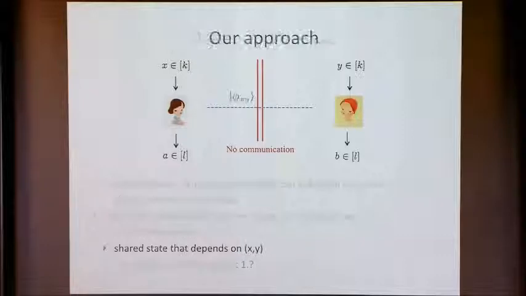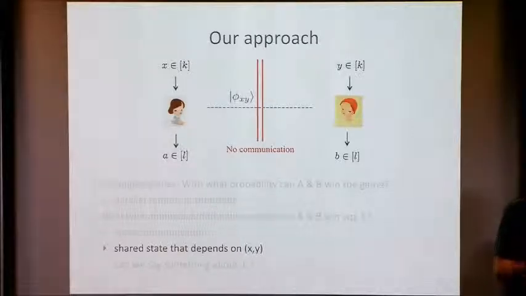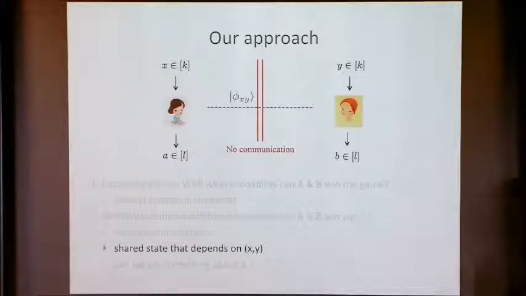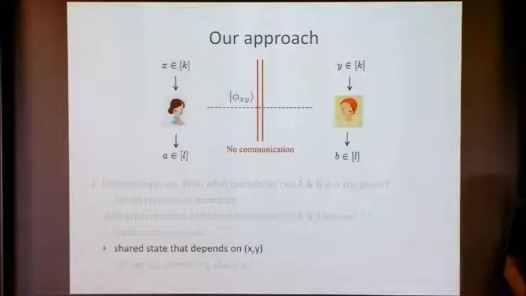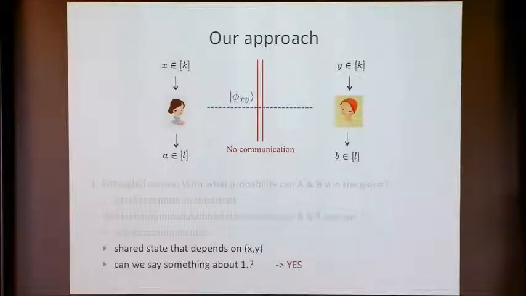Our approach is that we'll consider states that depend on their input x, y. The state they share here, phi, instead of being independent of x, y, can have some dependency. We'll see what kind of dependency it can have. And we'll show that this approach will actually help us answer the parallel repetition question.